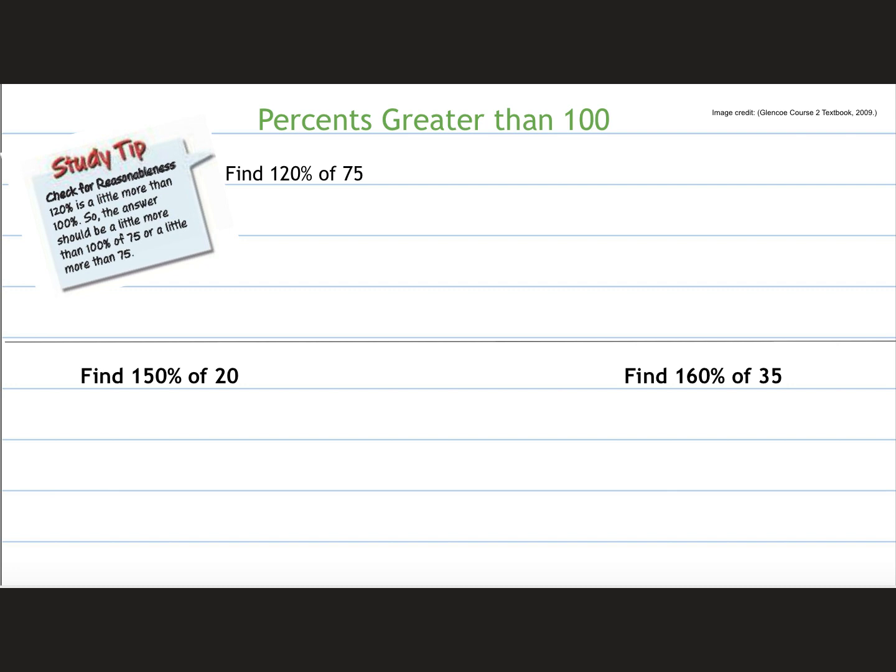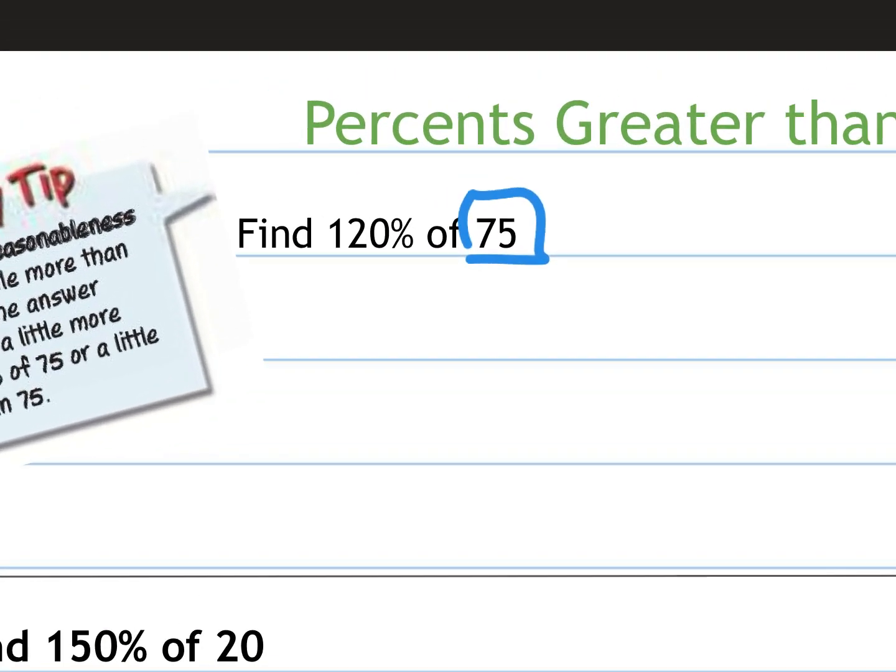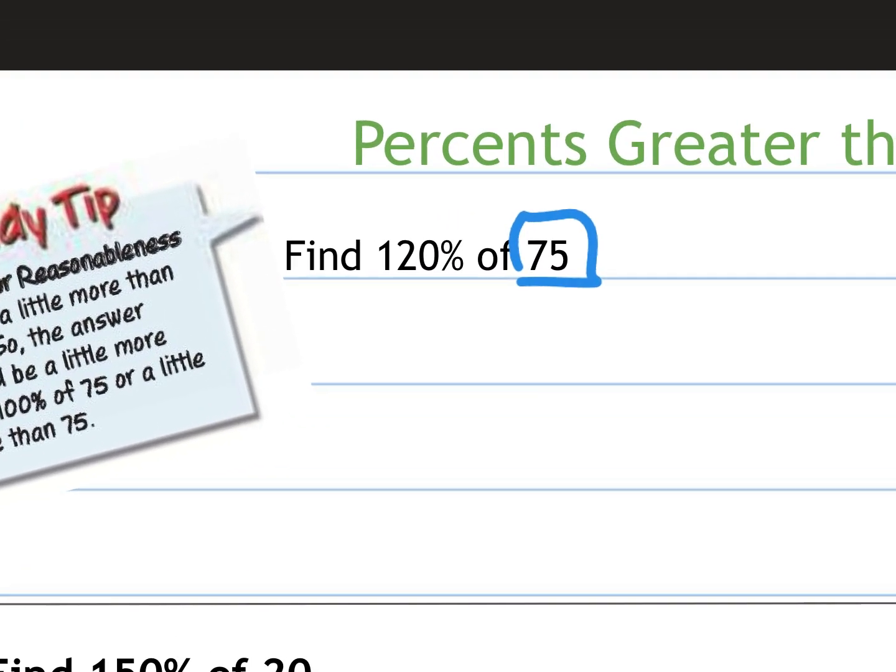So here's what I was just saying, percents that are greater than 100. When I have a percent that's more than 100, I know that my answer better be bigger than 75, right? Think about extra credit. If you get extra credit on something, you're getting more points than what it was worth. So find 120% of 75.